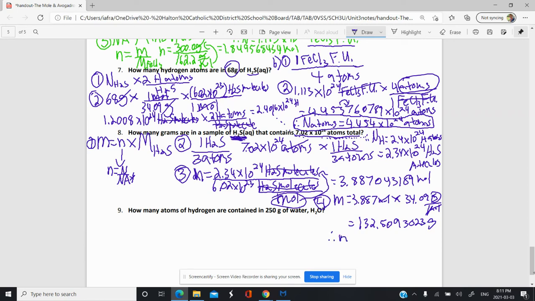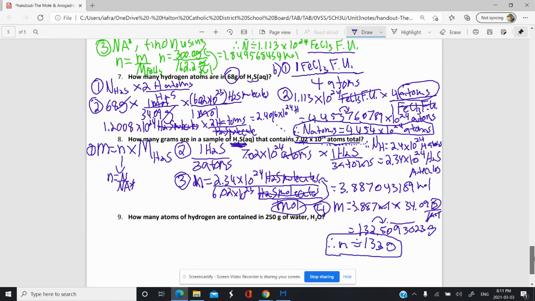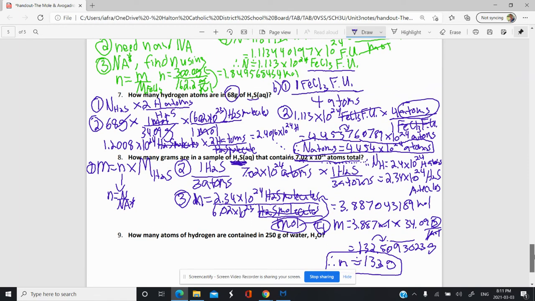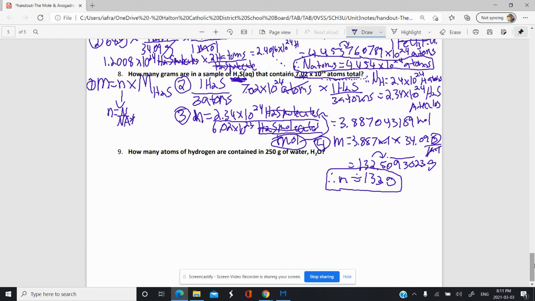Therefore, the mass is approximately, we need 3 sig figs, 132. Let's round it to 133 because there is a 5 there, but there's a lot of stuff after the 5. And so we round it up to 133 grams, and that is our final answer.